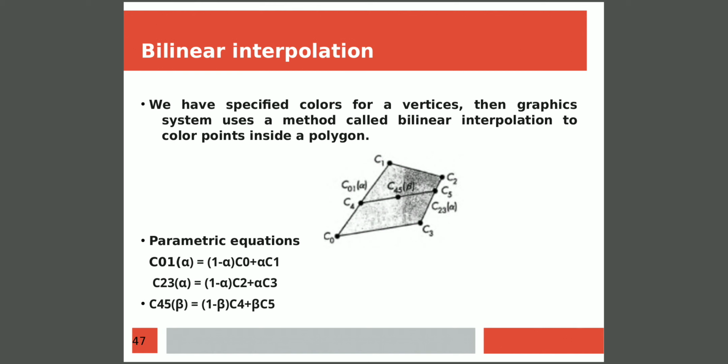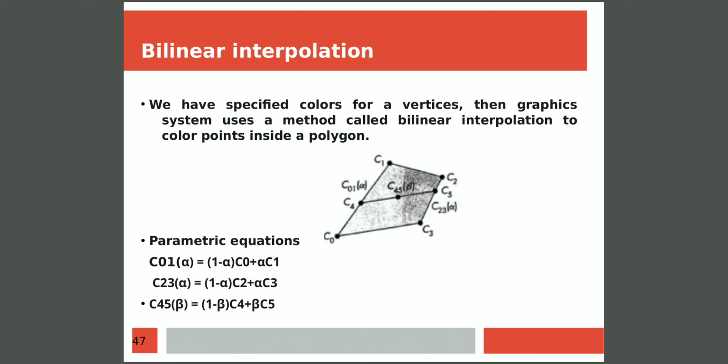When we give a new value for alpha from C0, we will get a new point on this line segment, C4. In the same way, at C2 the alpha value will be 0. If you give some positive new value for alpha, we are going to get a new point on the line segment C2 and C3, and we'll call that new point C5.